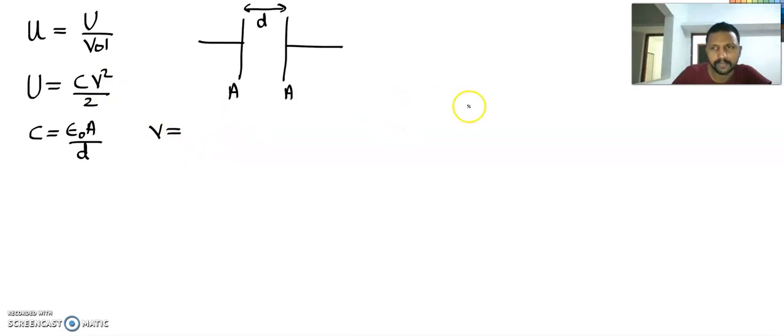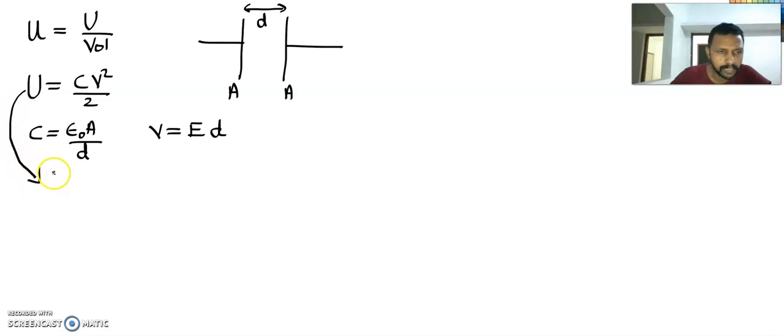From our previous derivation of the capacitance of parallel plate capacitors, we know potential is equal to electric field intensity into distance of separation. We have used this expression in our previous derivation. Potential is equal to electric field intensity into distance of separation.